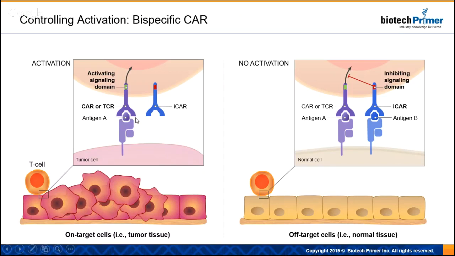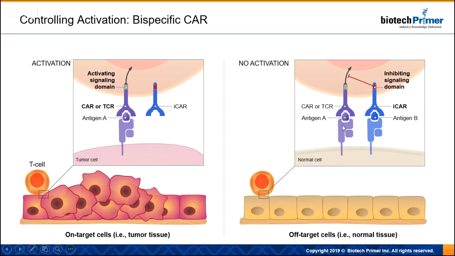So some of the most serious safety concerns have come from CAR Ts being activated to target tissue that was not tumor tissue. And so to address that, these bispecific CARs also include an inhibitory receptor. So we want to identify an antigen that is not present on the tumor cells, but is present on healthy tissue that might also include the tumor antigen.